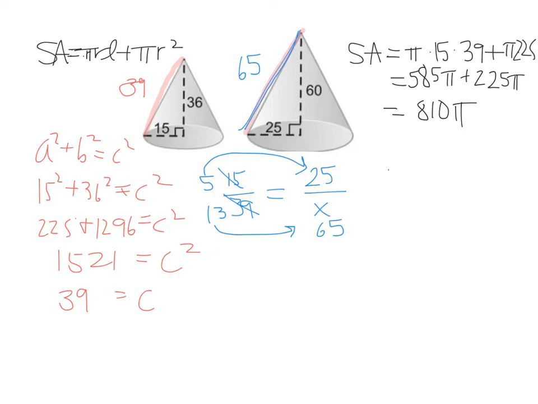And let's do the second one. So that's going to be pi times the radius, which is 25, times L, which is 65, plus pi r squared, and 25 squared is 625 pi.